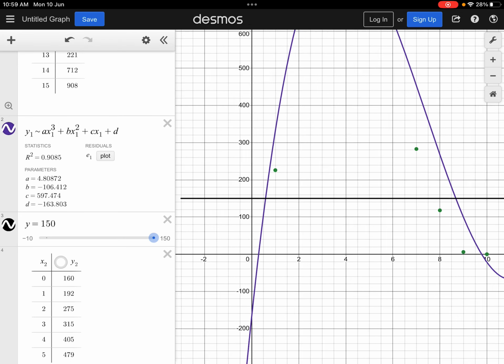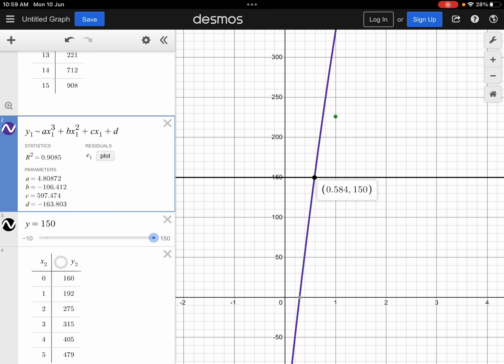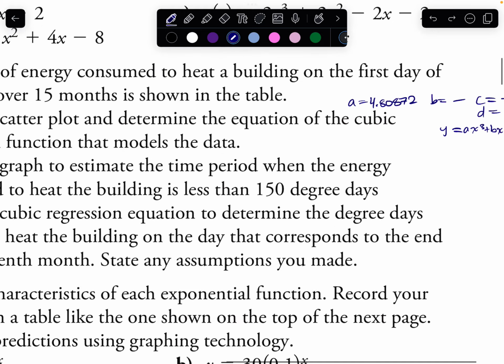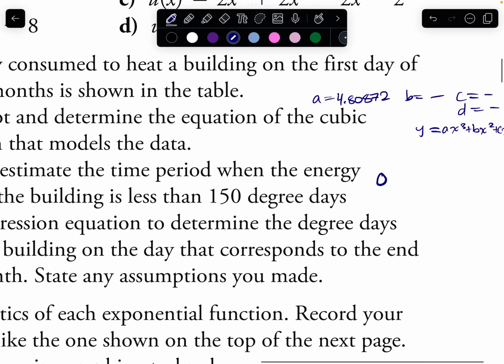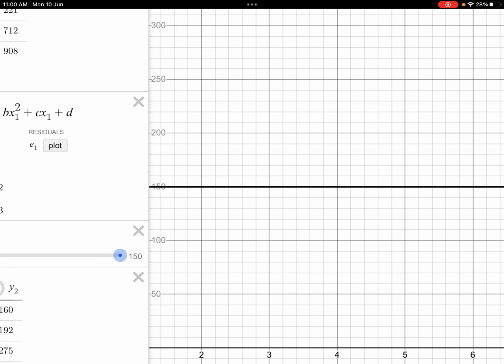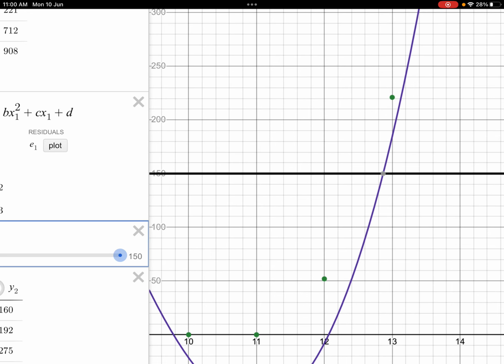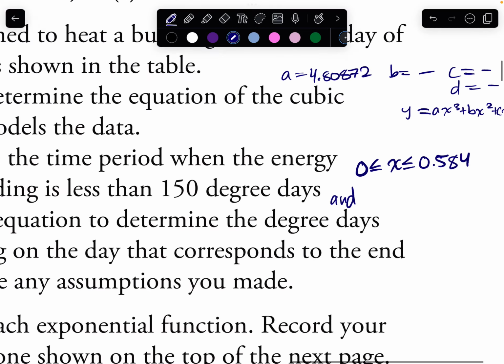And so when it's between those, it's between 0 and that intercept, 0 and 0.584. Over here it's less than it as well. So between 8.678 and 12.867.